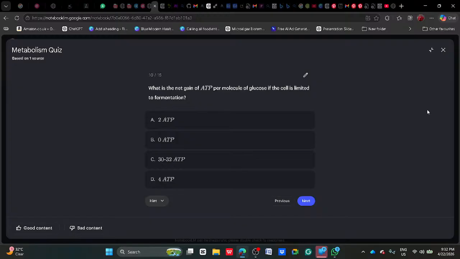What is the net gain of ATP per molecule of glucose if the cell is limited to fermentation? It is on that note I want to see your response in the comment section.